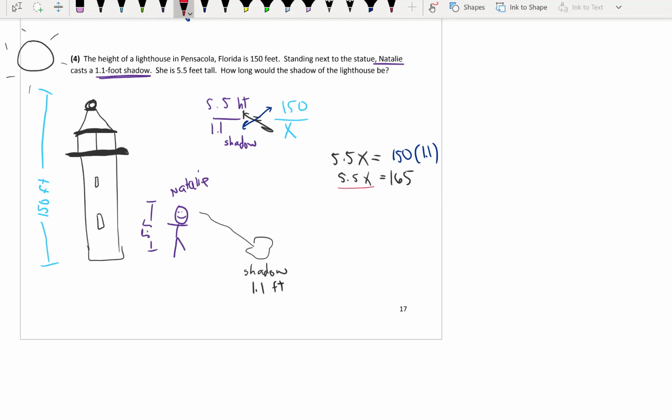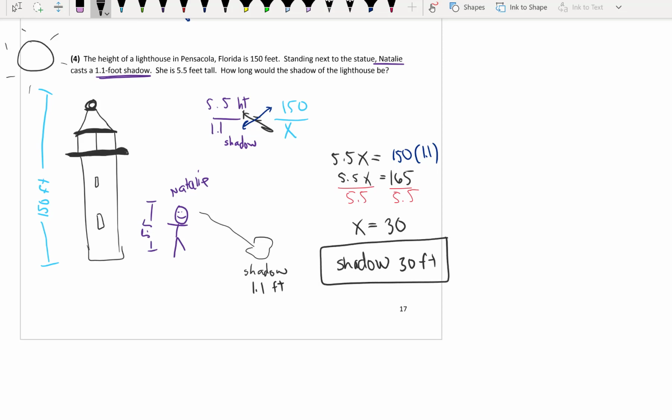So I'm going to divide both sides by 5.5. So 165 divided by 5.5 gives me 30. So I know that the shadow of the lighthouse would be 30 feet.